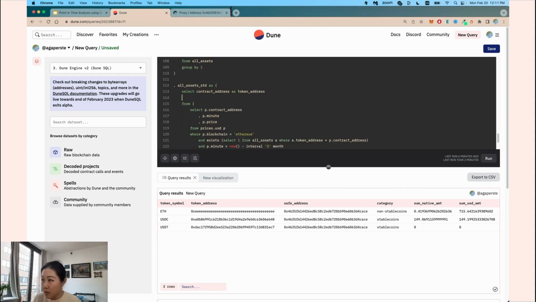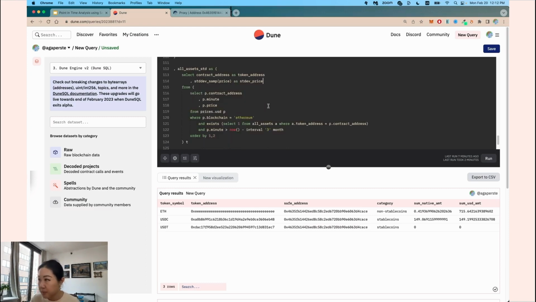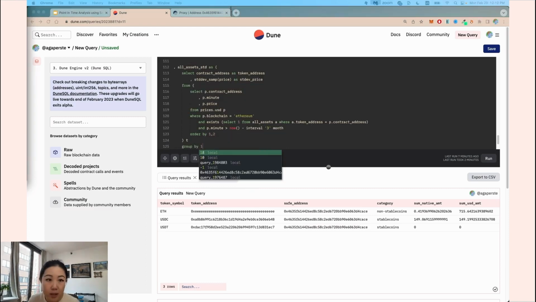This is our token address, and then we are going to find a standard deviation function, so STDEV sample on what is our input value, which would be the price here, and then we're going to call this standard dev price. Going to finish up by saying we are carrying the standard deviation per token.